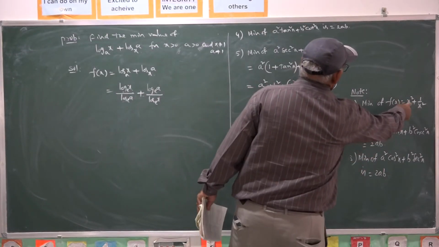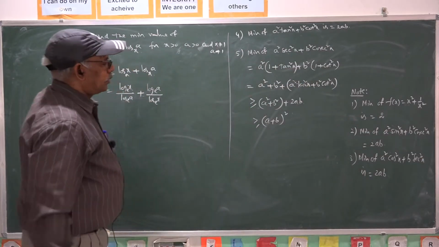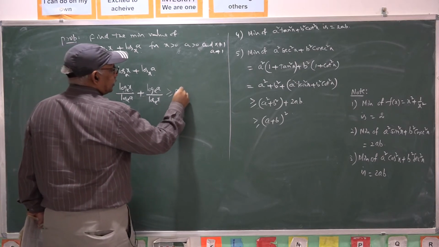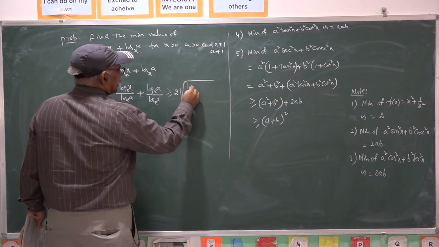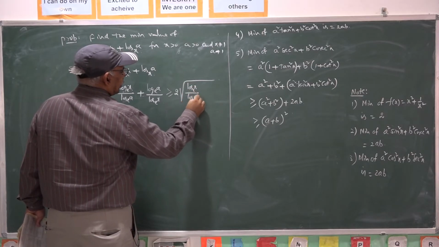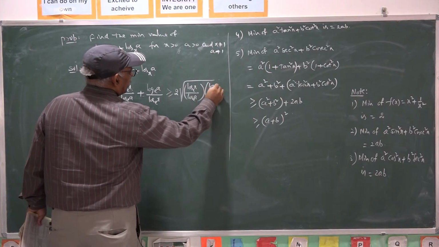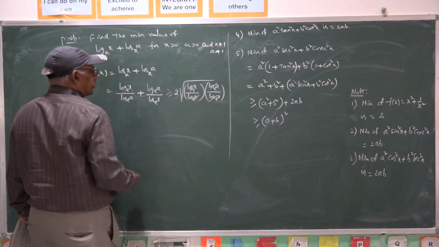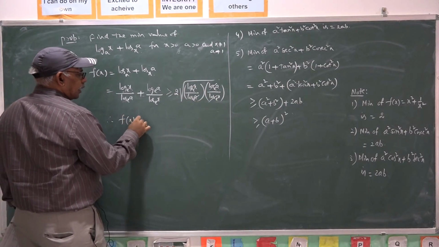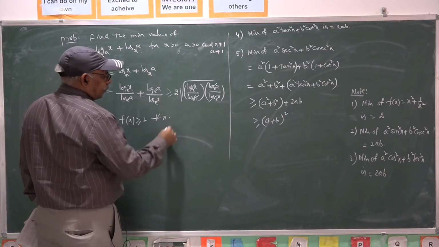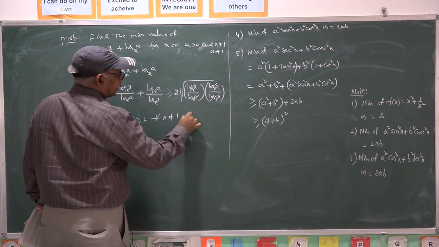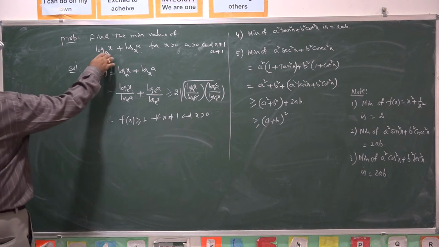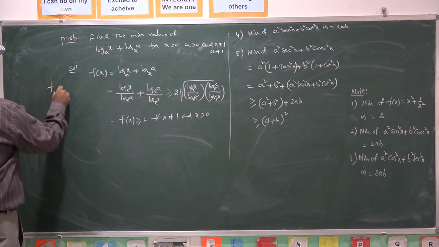In such case, x plus 1 by x is always greater than or equal to 2, twice their geometric mean, log x by log a into log a by log x. You can remove these, hence 2. So f(x) is greater than or equal to 2 for all x positive and not equal to 1. So the minimum of f is 2 here.